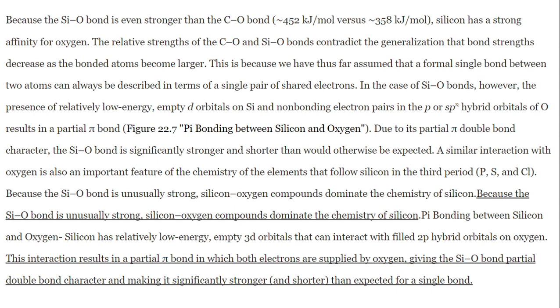This interaction results in a partial pi bond in which both electrons are supplied by oxygen, giving the silicon-oxygen bond partial double bond character and making it significantly stronger and shorter than expected for a single bond. So this is the explanation given for the unusual silicon-oxygen bond strength.